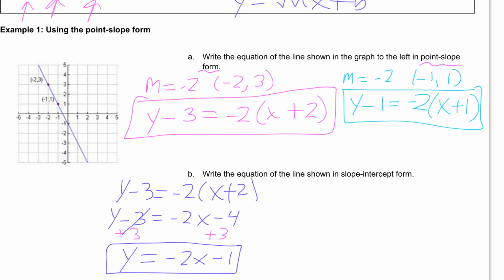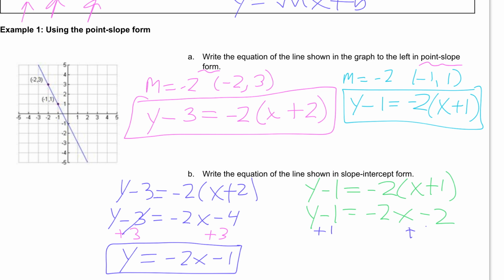So we're going to do this again, and this time we're going to use the other line, which is y minus 1 equals negative 2 times (x plus 1). If I solve this one for slope-intercept form, I would start by distributing the negative 2, and I would get y minus 1 equal to negative 2x minus 2. And then I would have to add 1 to both sides.